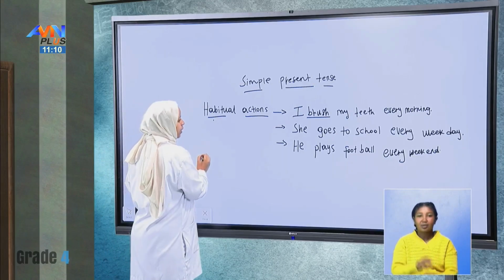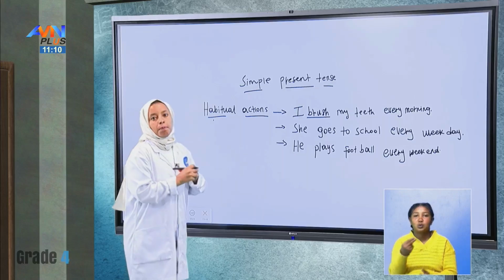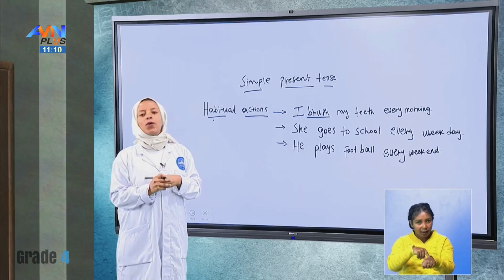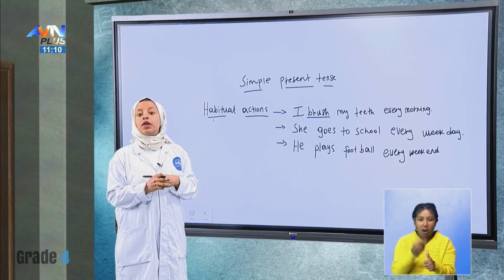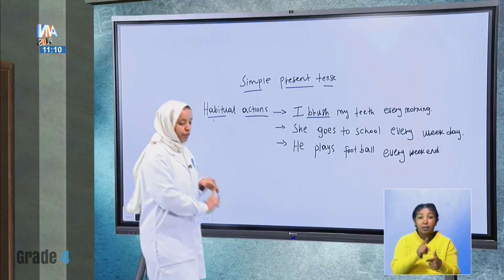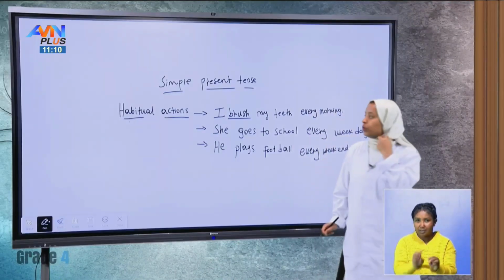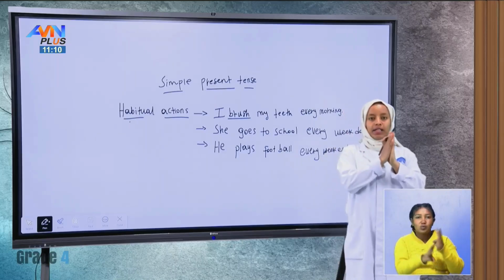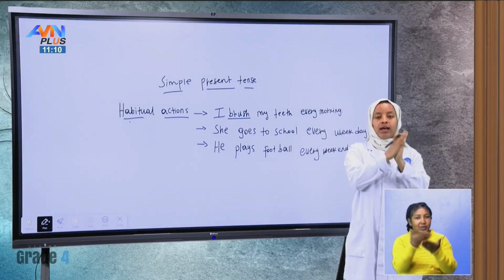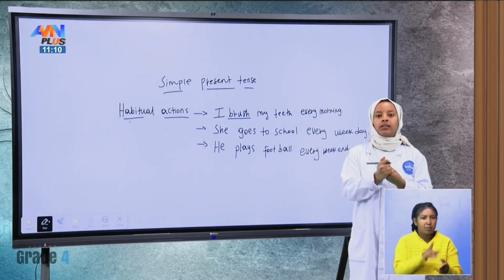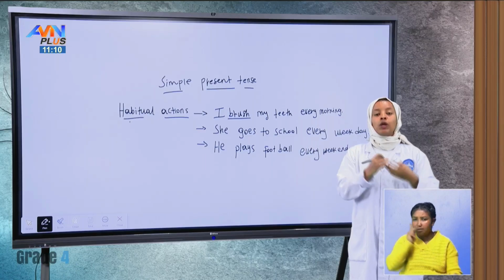So the next one is we can use simple present tense for what? To show universal truths and also scientific truths. When we come to universal truths, that experience or the thing is, maybe a fact.